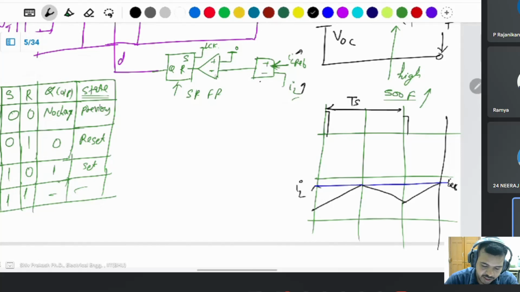If a negative is there, then this will be more negative, it means less than 0. Then R will be 0.